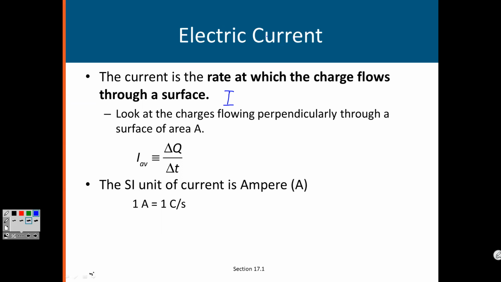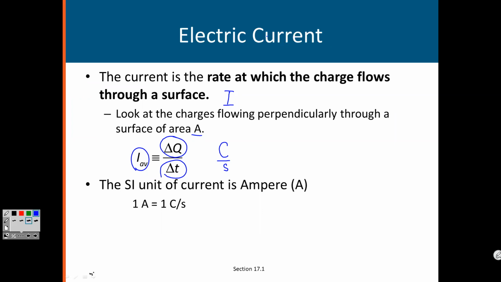Look at the charges flowing perpendicularly through a surface of area A. Then we say the average current is equal to the amount of charge that flows perpendicular to that surface divided by the time it takes. So the unit for electric current is going to be coulomb per second, because charge is measured in coulombs and the SI unit of time is the second.